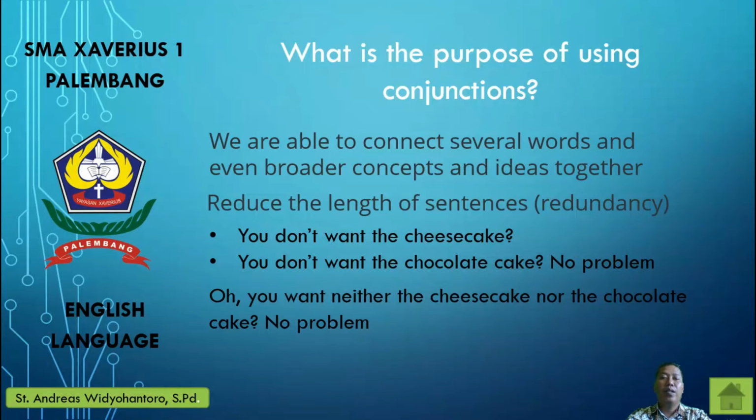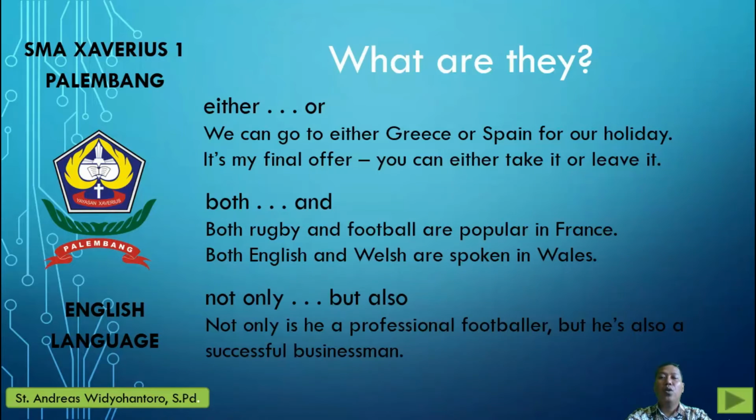In English, we are going to avoid redundancy, or in Indonesian, mubazir. We are going to talk about those correlative conjunctions, or paired conjunctions, or double conjunctions.